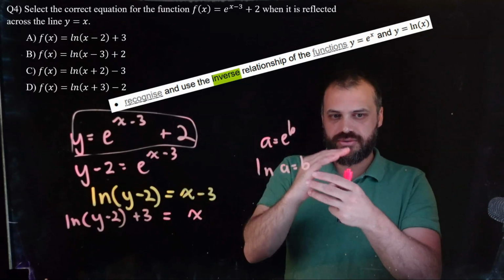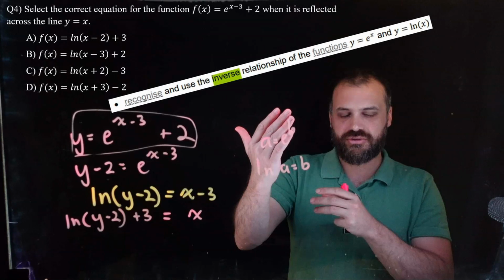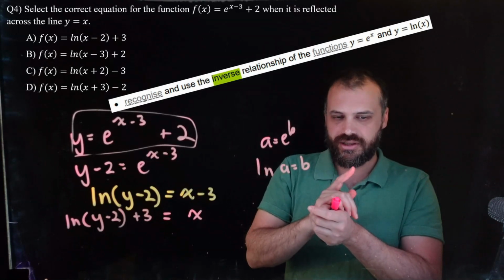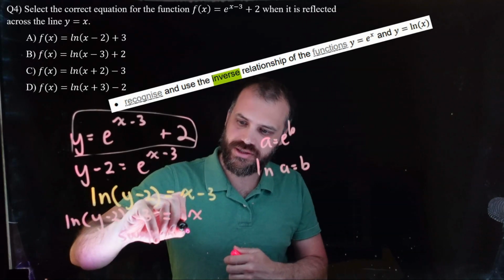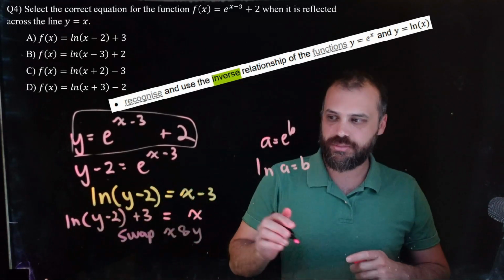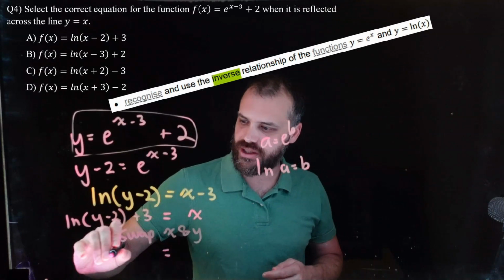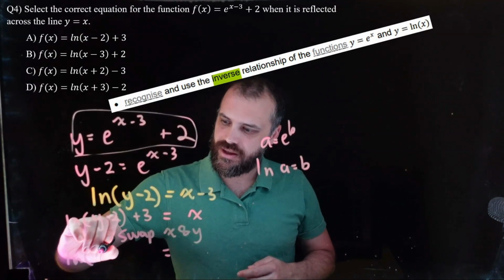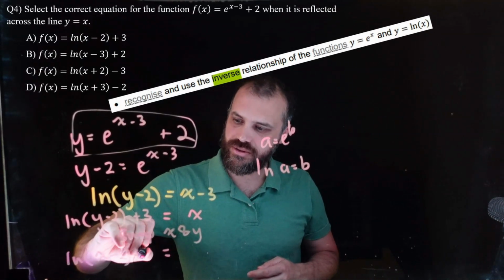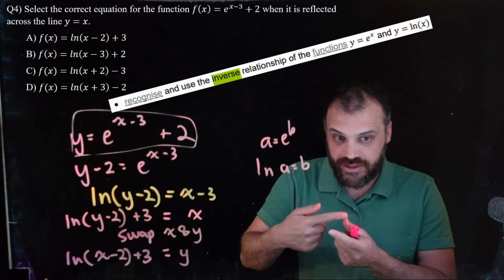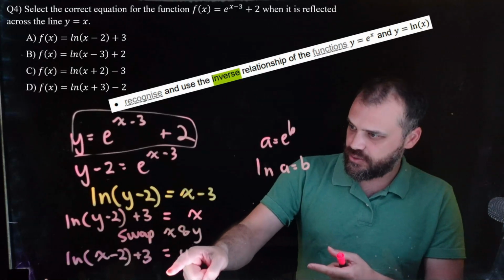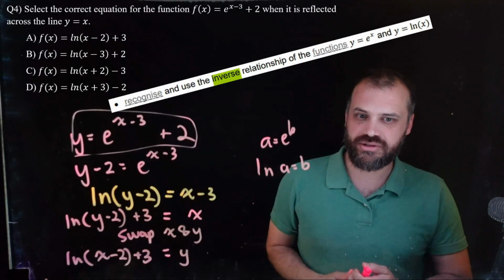In order to find the inverse, in order to reflect it across the line y equals x, we swap x and y. All right, so by swapping x and y, we now get ln(x minus 2) plus 3 equals y.